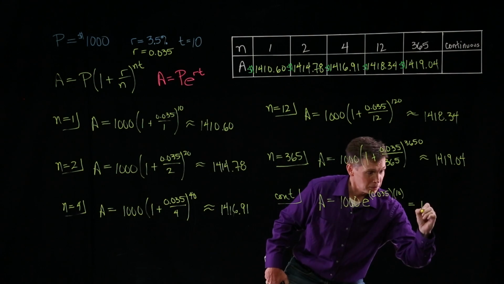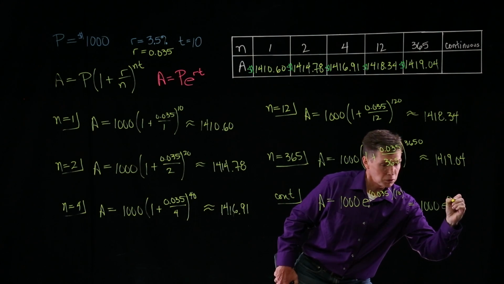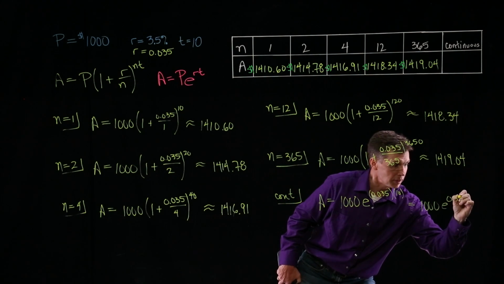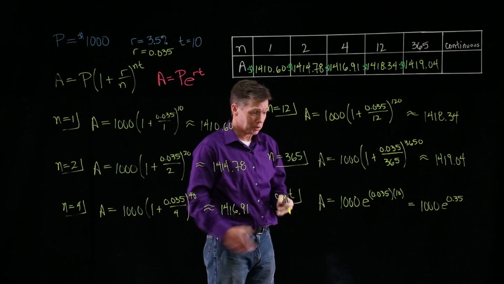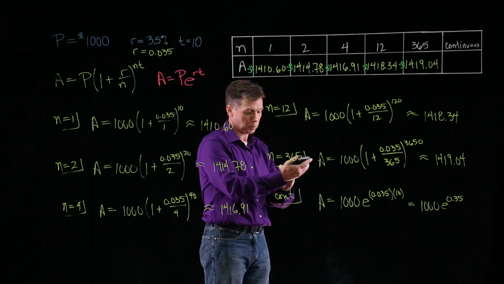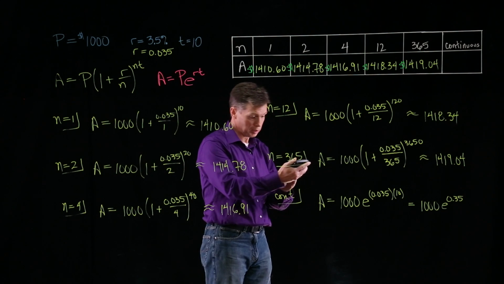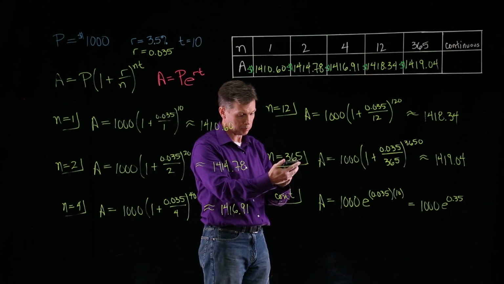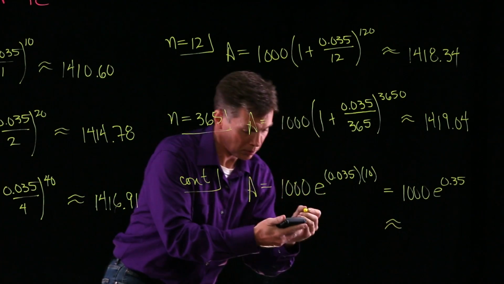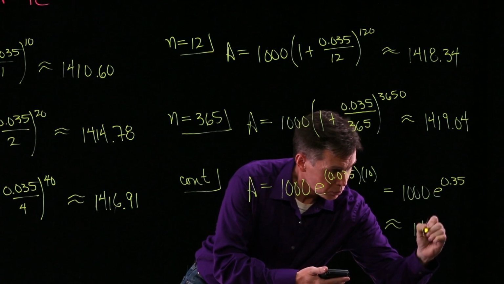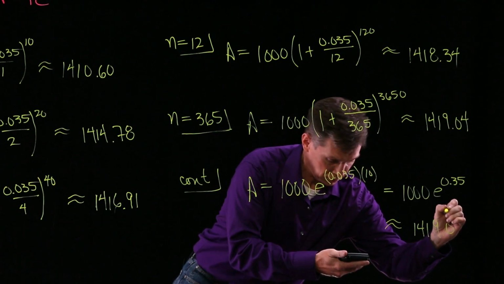I think I can. 1,000 e raised to the 0.35 power if I multiply by 10. I'll still let the calculator do the hard part though. If I grab the calculator now, 1,000 times e raised to the 0.35 power approximately equals, if I round, 1,419.70.